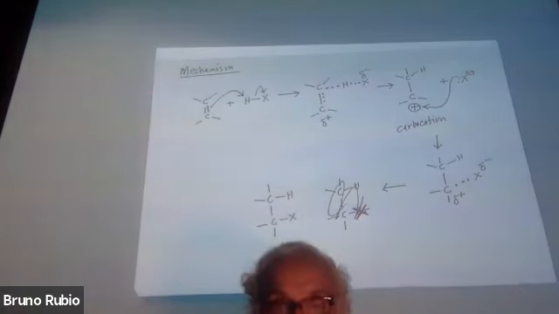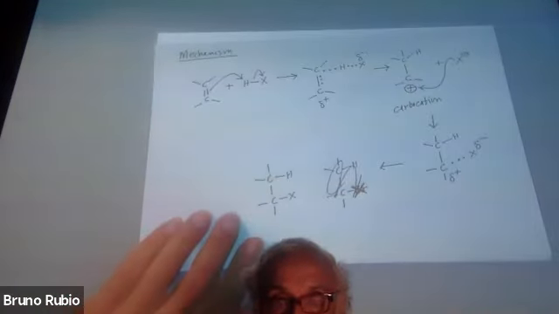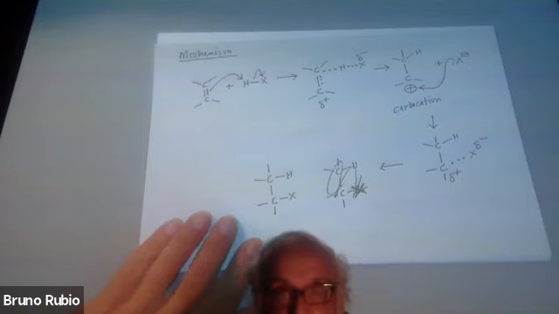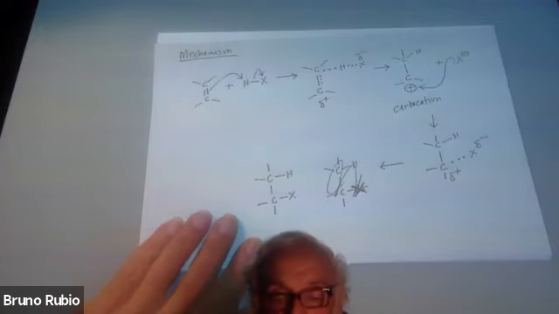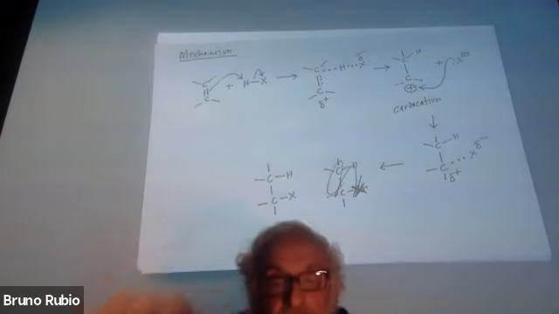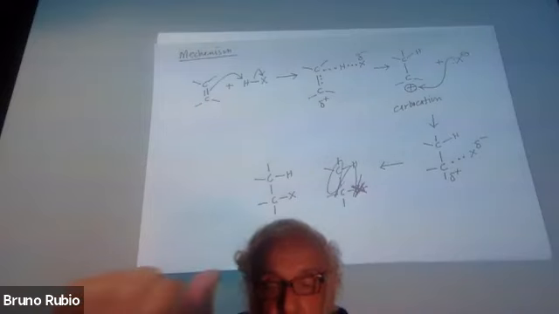The negative charge on the X has gone away, and the positive charge on the C has gone away, and the atoms of HX have added across where the double bond used to be. Okay, so that's the mechanism of this reaction.